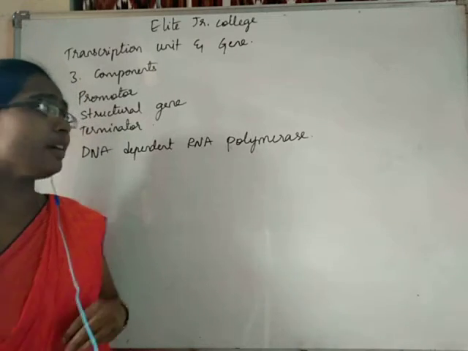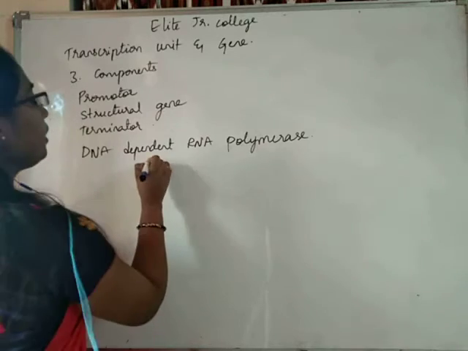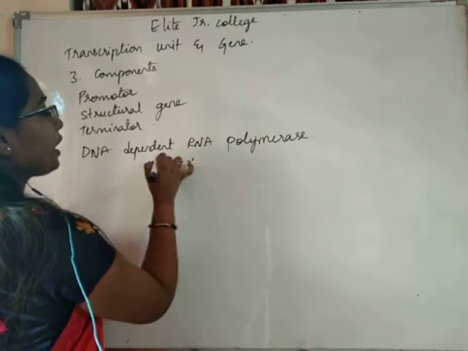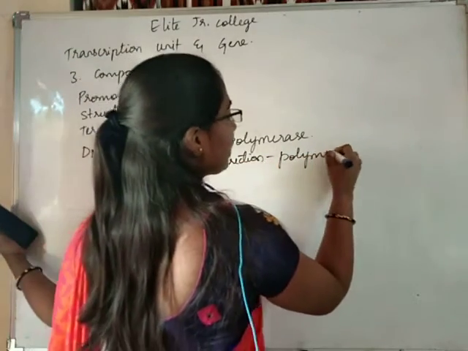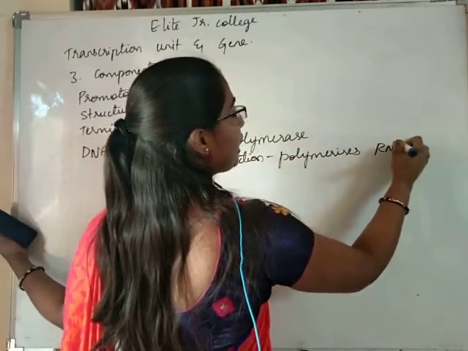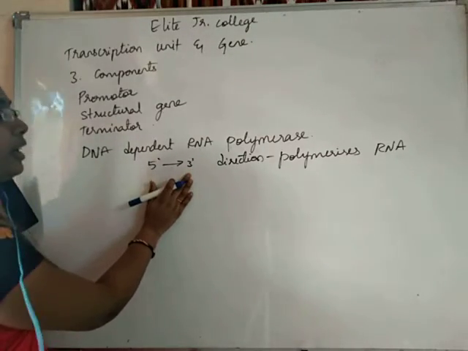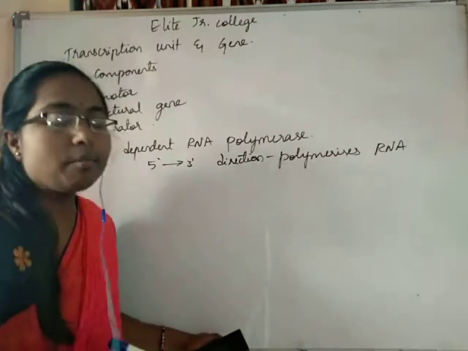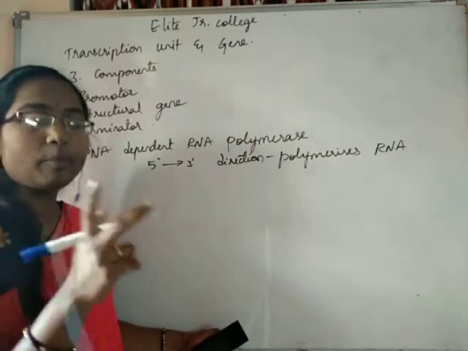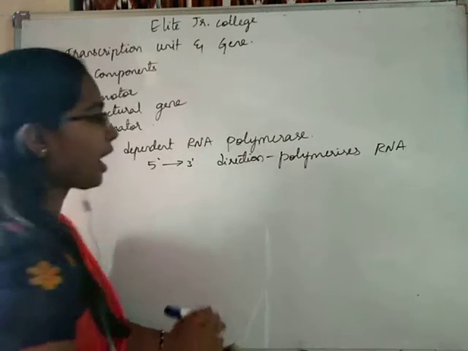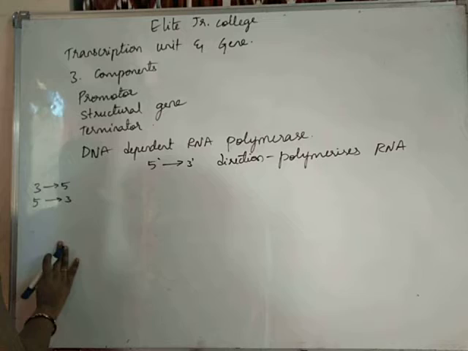And this DNA dependent RNA polymerase polymerizes RNA in 5 to 3 direction. Among the two strands of DNA, one strand runs in 3 to 5 direction and the other in 5 to 3 direction, right?